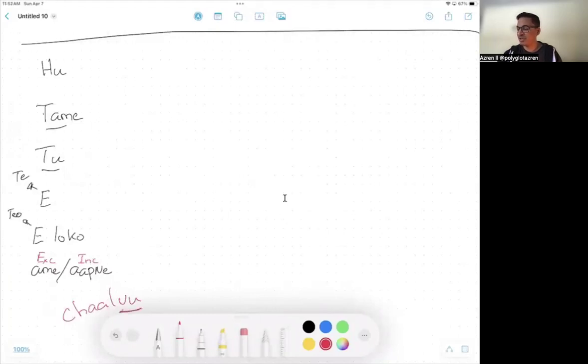To conjugate them, we remove vu and add a different ending. So for every single one of these, we are going to have chal, because chalvu, the verb to walk, without the vu.